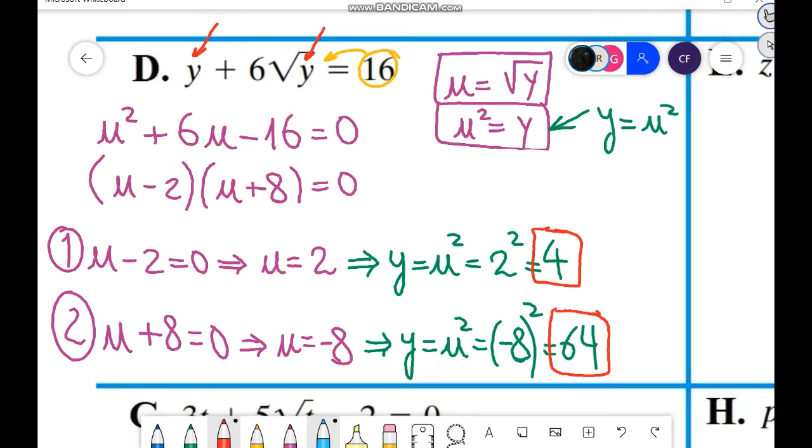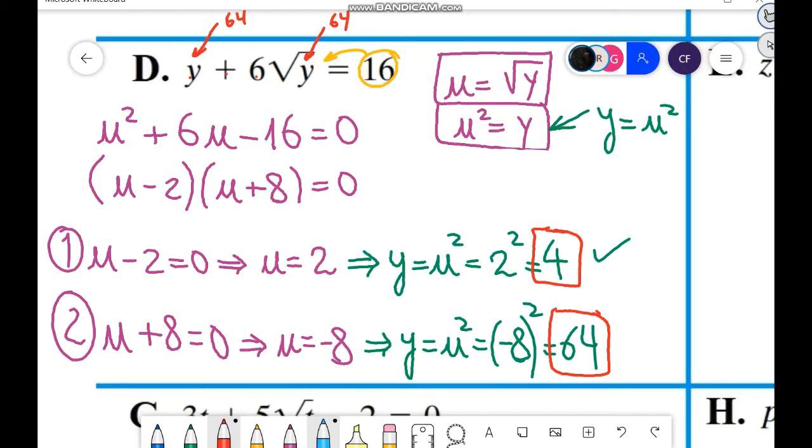So plug in 4. 4 plus 6 times the square root of 4, which is 2. 4 plus 6 times 2 is 16. 16 equals 16. Nice. 4 is a good solution. Now plug in 64. 64 plus 6 times the square root of 64, which is 8.